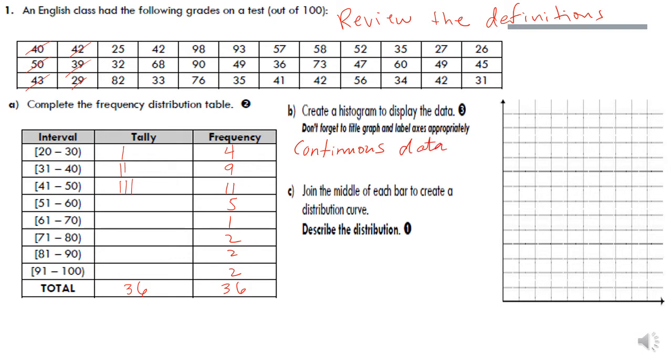And how do you know it's continuous? We're talking about grades, and is it possible to get half a grade or half a mark on a test? Yes. So a little reminder, continuous. Remember, you can have parts of things, so you could get a half mark. Otherwise, it would be discrete, and you would use a bar graph, not a histogram.